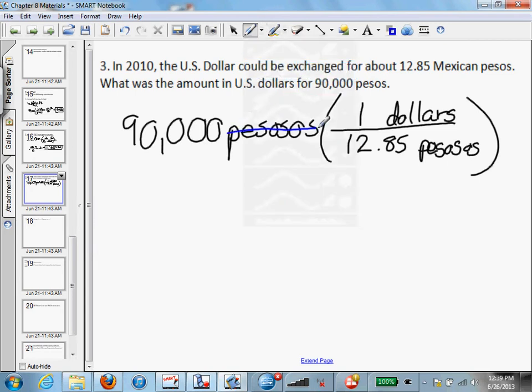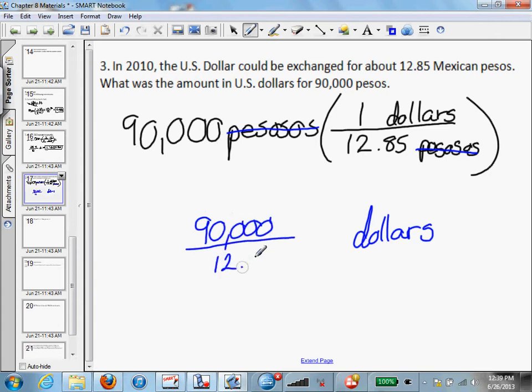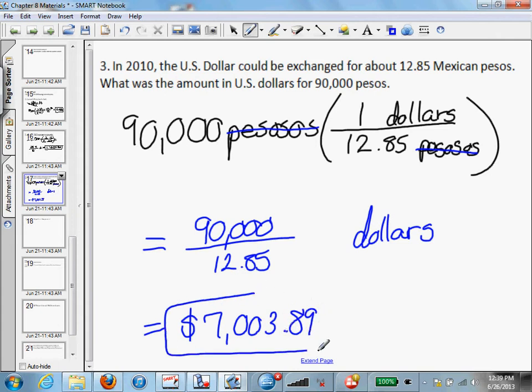What will happen here is that the pesos will cancel out, leaving you with just dollars. So that's 90,000 times 1, or just 90,000, divided by 12.85. And when you simplify that fraction, you get $7,003.89.